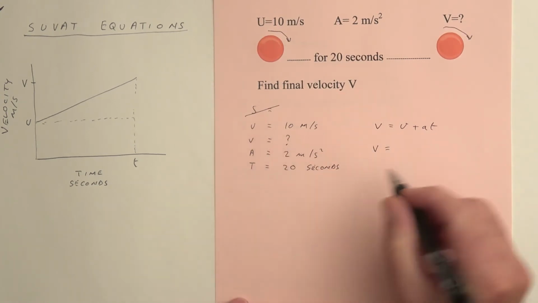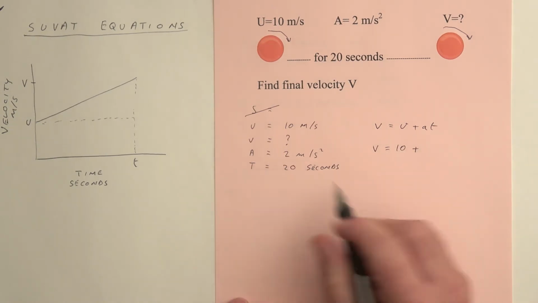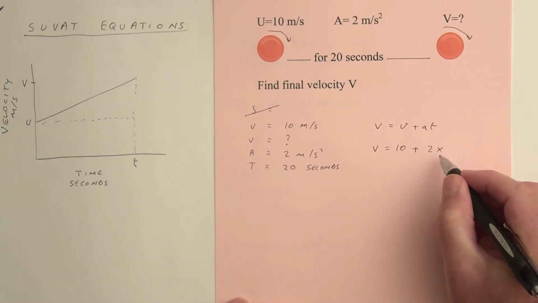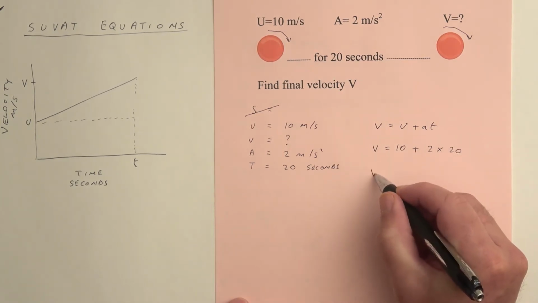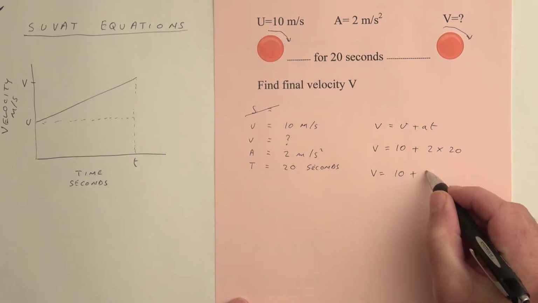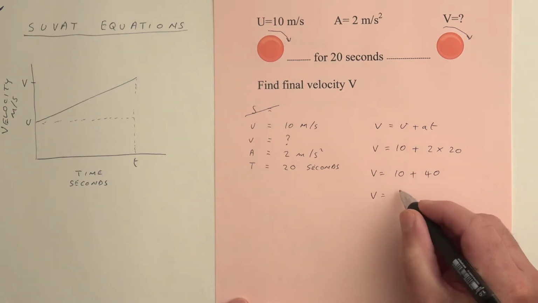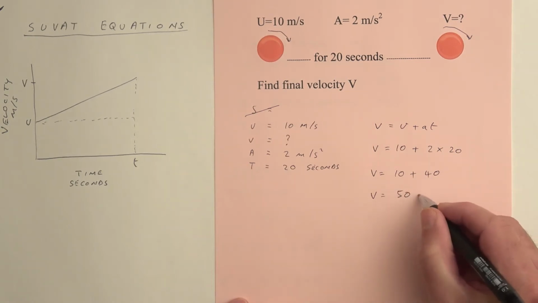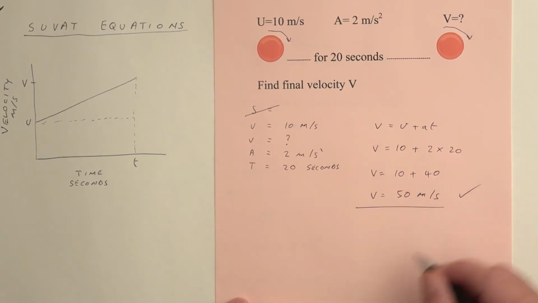Put in the bits we know. And we can calculate the final velocity. Done.